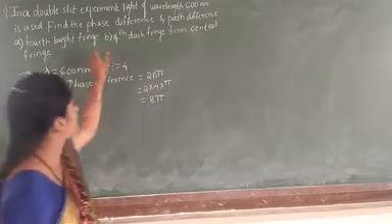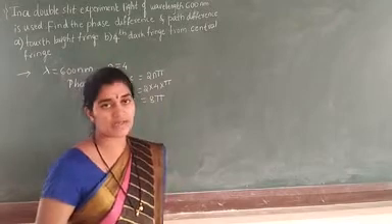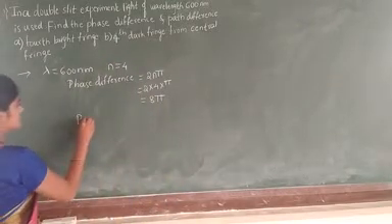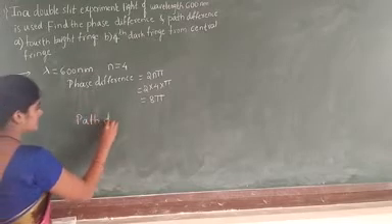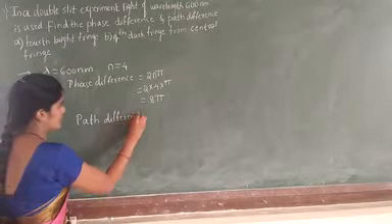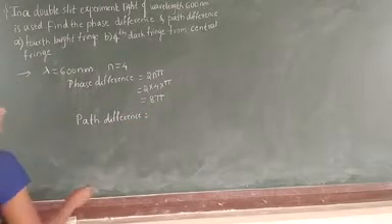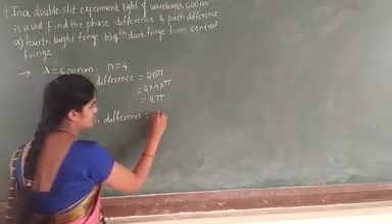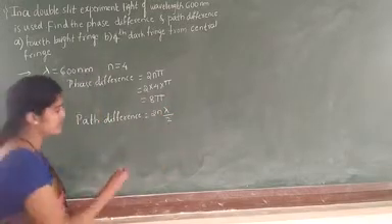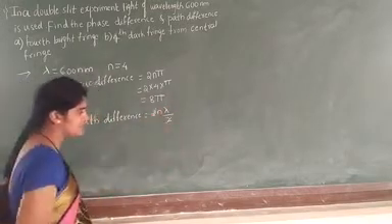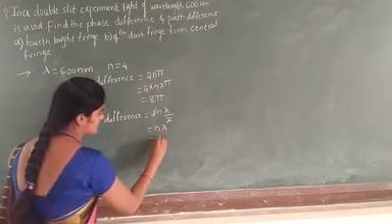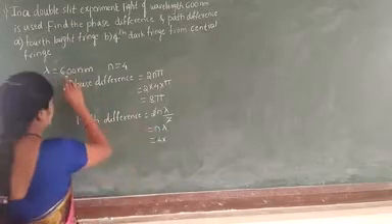In the same way, for the fourth bright fringe, we calculate the path difference. The formula for the path difference is 2n lambda by 2. Put all the values here. The 2 gets cancelled. Next, n into lambda, where n is 4 and lambda is 600 nanometer.